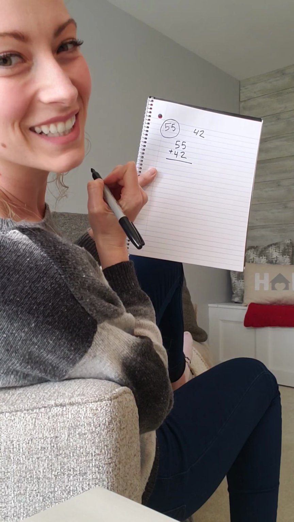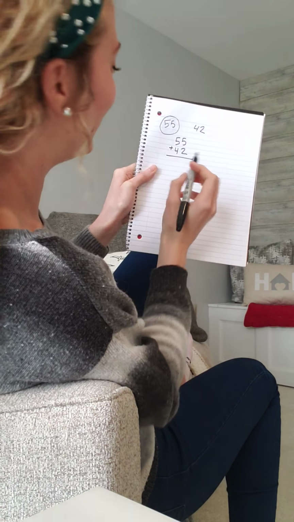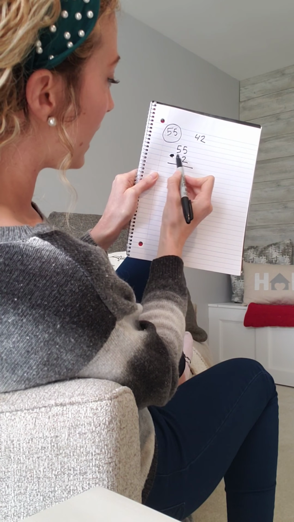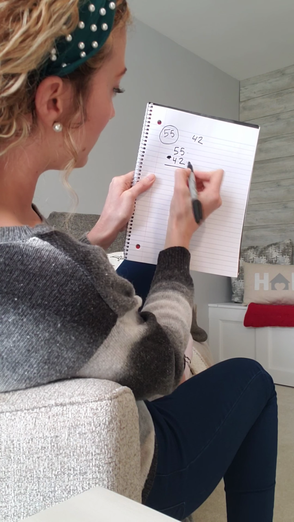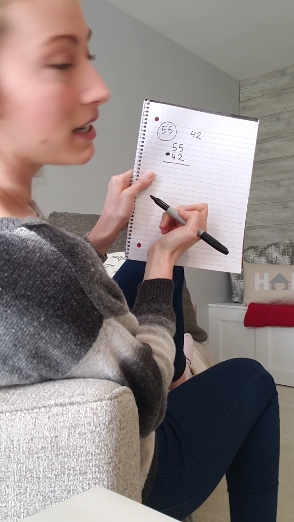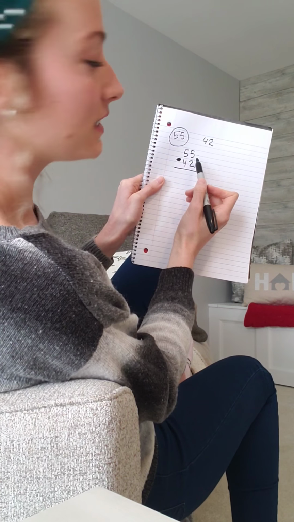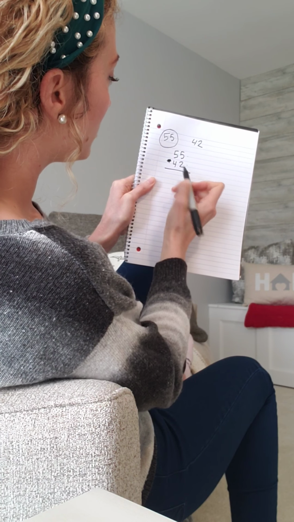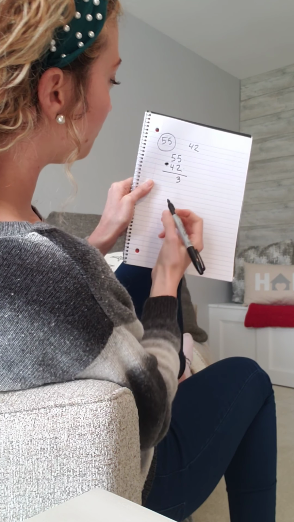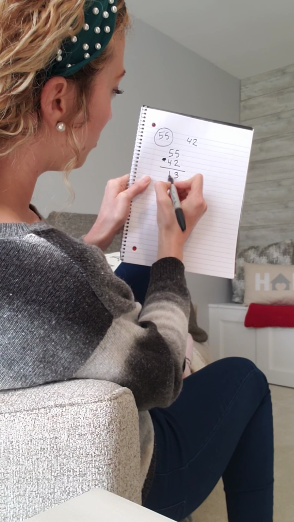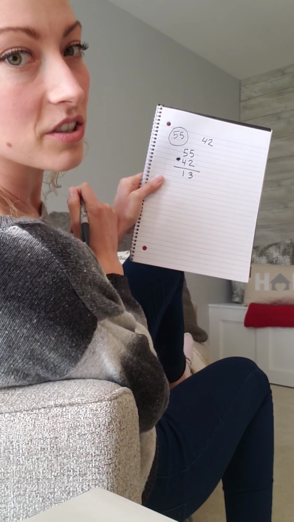Minus. So 5 minus 2, if I look at these numbers, is my number on top bigger? Yes, it is. More on top, no need to stop. So 5 minus 2 is 3. And then 5 minus 4 is 1. So my answer is 13.